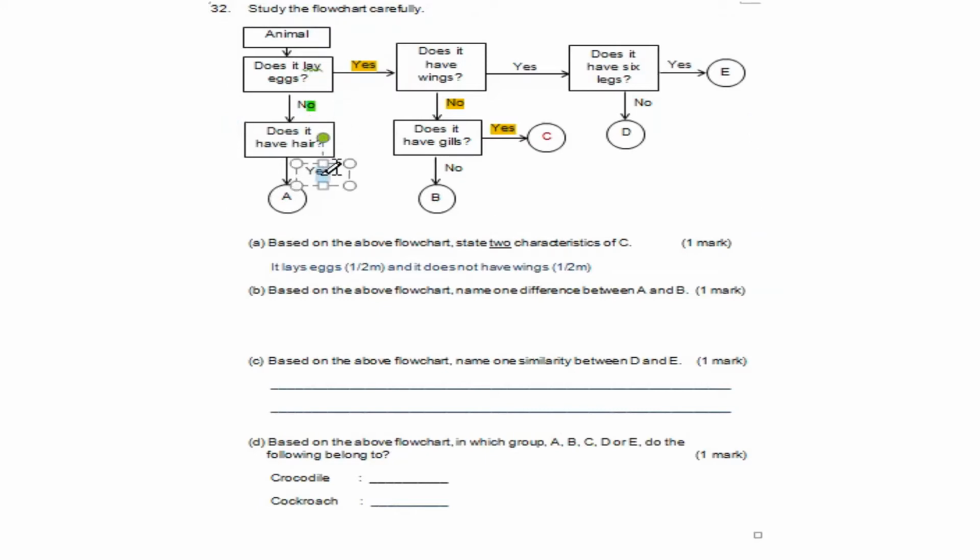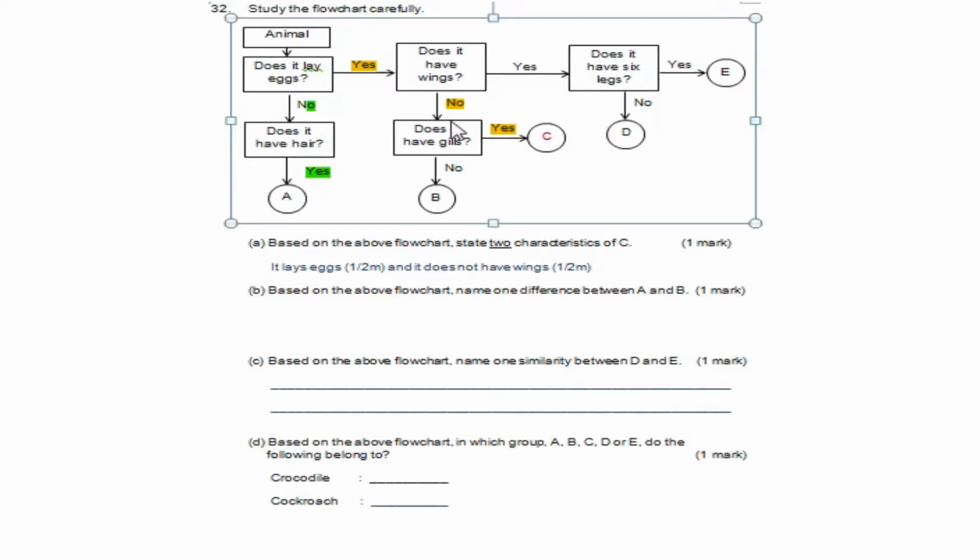Okay, never mind. For A and B, I follow it here. Let me use a blue color. This one over here is blue, and this one over here is blue.